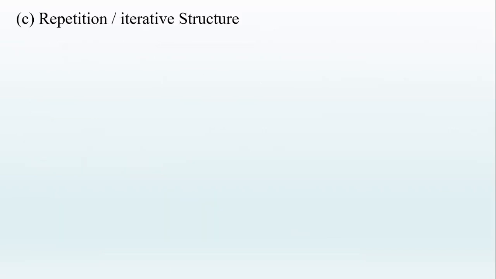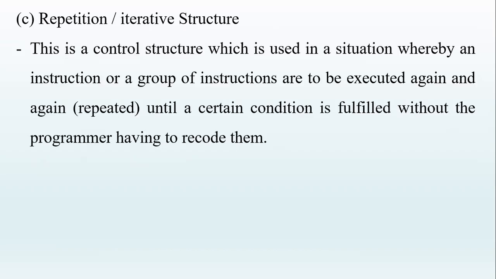The third structure is called the repetition or iterative structure. This is a control structure which is used in a situation whereby an instruction or a group of instructions are to be executed again and again, that is repeated, until a certain condition is fulfilled, without the programmer having to rewrite them.